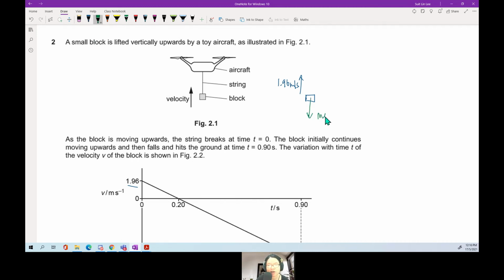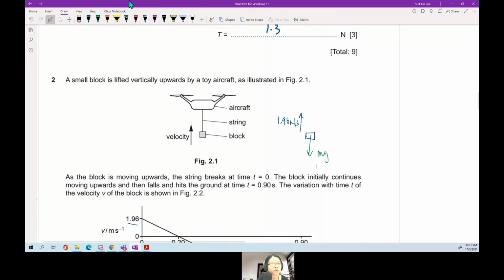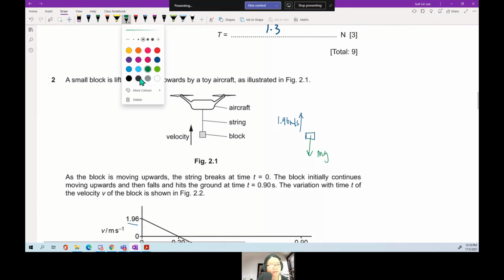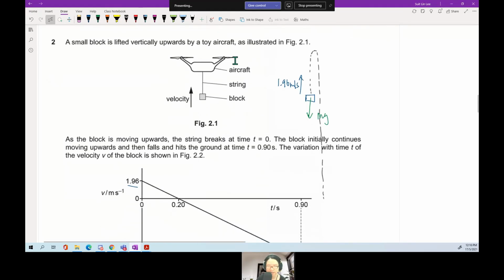So the weight of the block mg will pull the block down. But the block cannot suddenly go down. It needs to stop, slow down to 0, and then only increase velocity. So this block is going to rise up to the highest position, and then fall down. This is the trajectory of the ball. Okay.